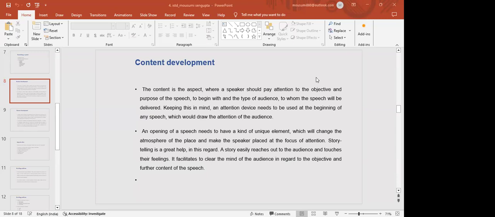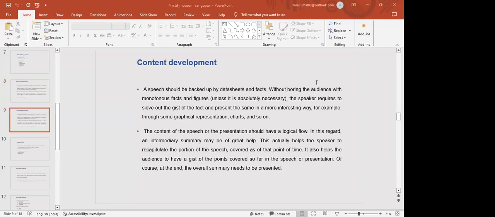The next is that the opening of the speech needs to have a unique element. Based on your experience, you all have come up with certain unique features which you thought would motivate the employee group to accept the offer of relocation, isn't it? So this unique element the presenter has to identify.